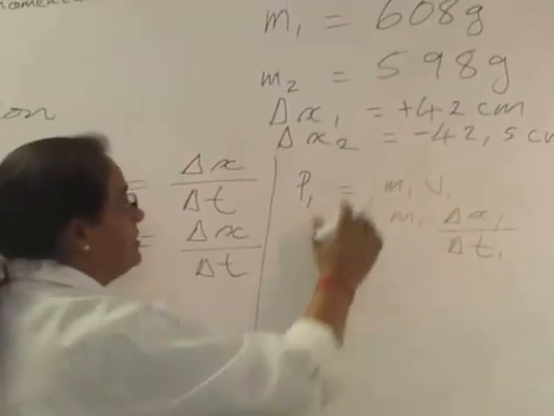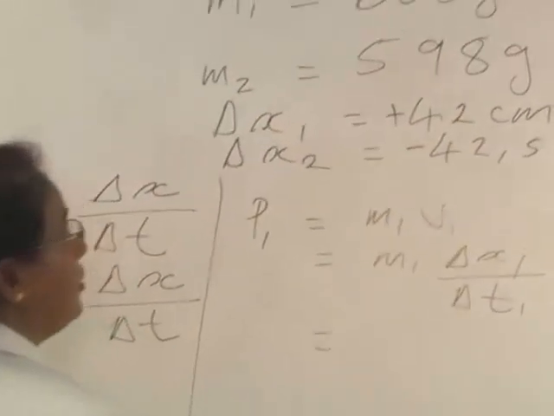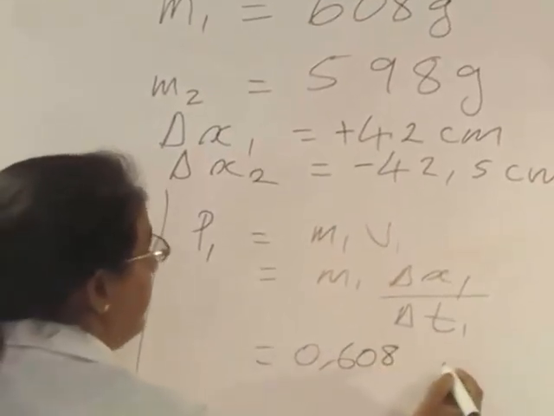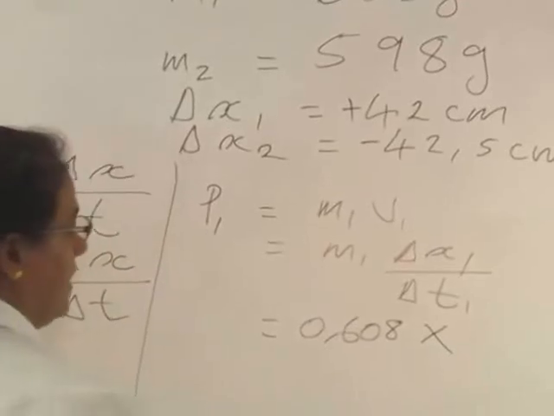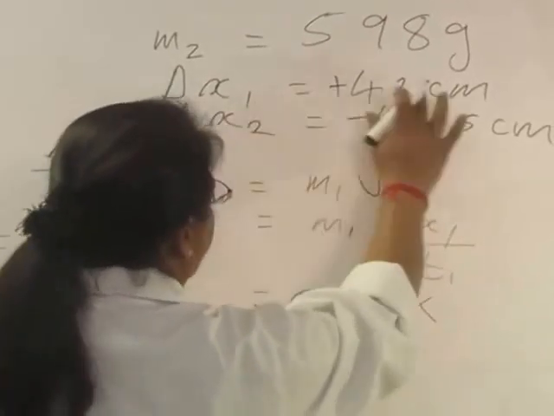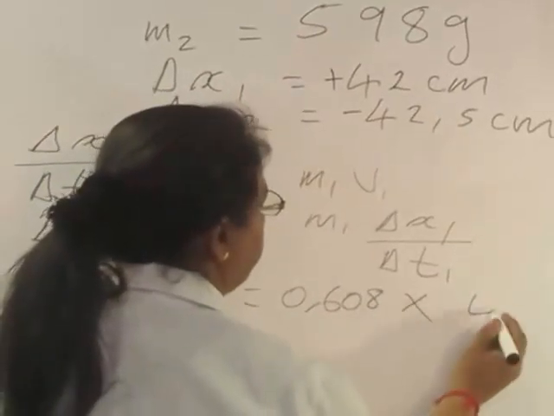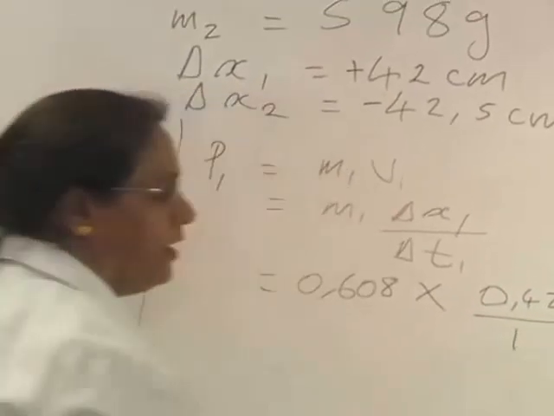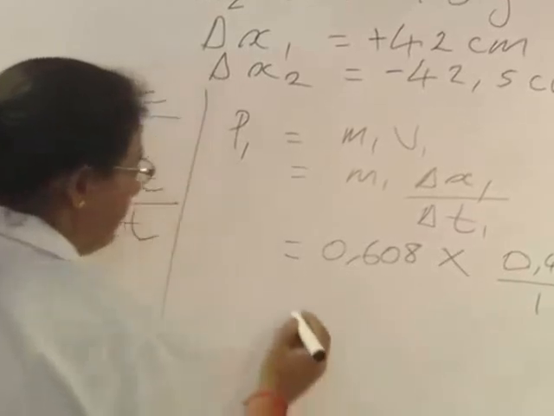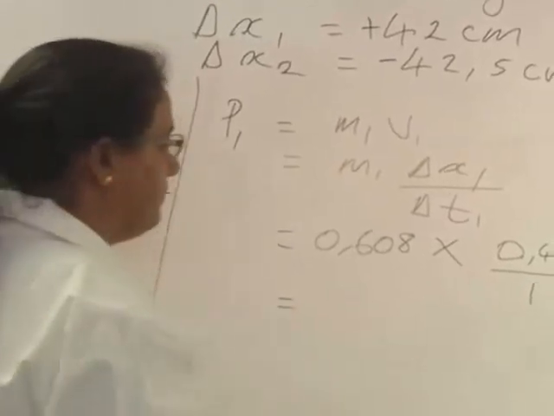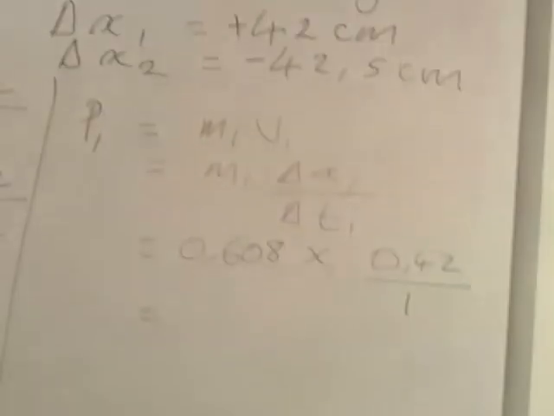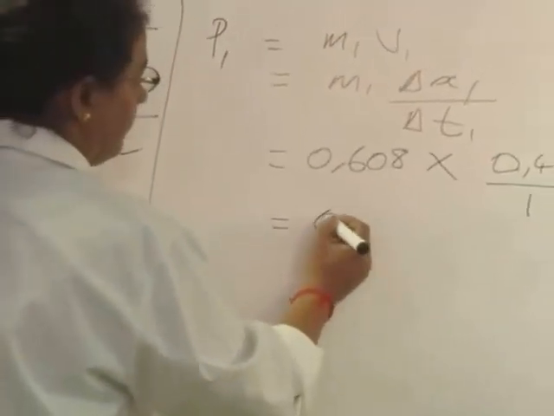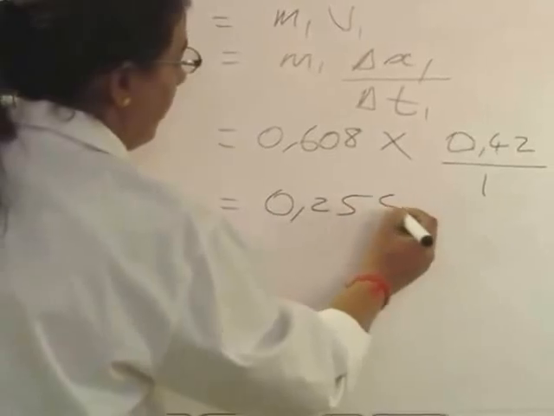If you want actual values there, it's going to be 0,608 kilograms times, for trolley number 1, 0,42 meters over 1 second, and that would give us a value of 0,255.